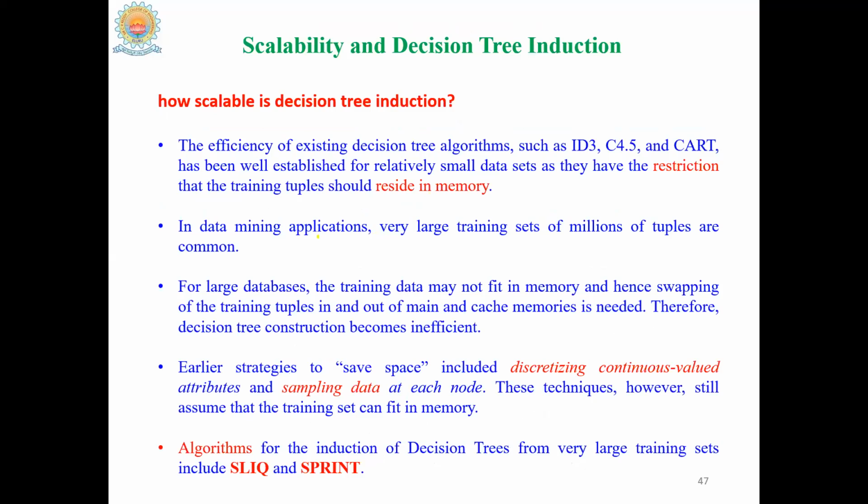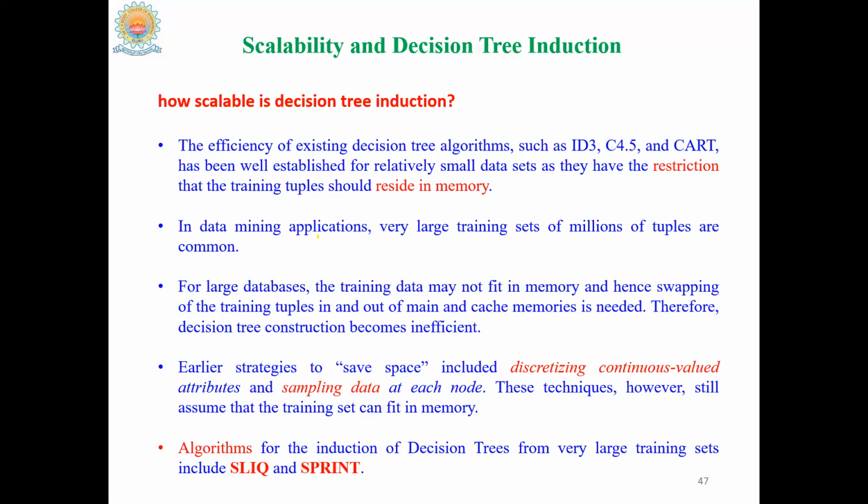So let's see that. The efficiency of existing decision tree algorithms. What are the existing algorithms? ID3, C4.5 and CART have been well established for relatively small data sets as they have the restriction that the training tuples should reside in memory. So in order to execute the decision tree, the training data set, in our example, we usually call D as the training data set.